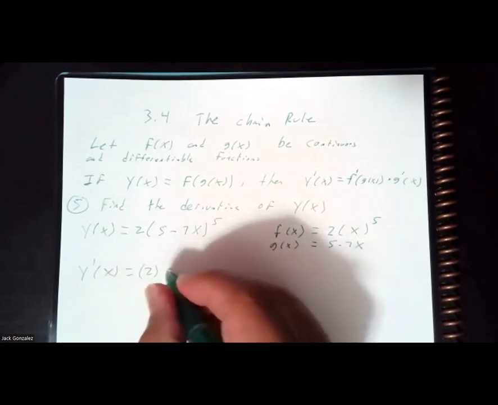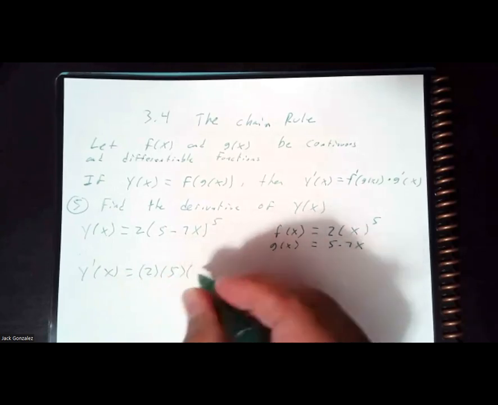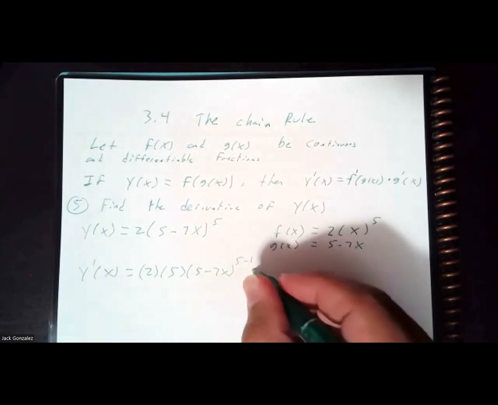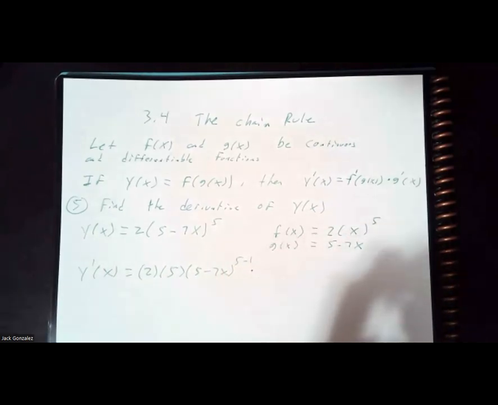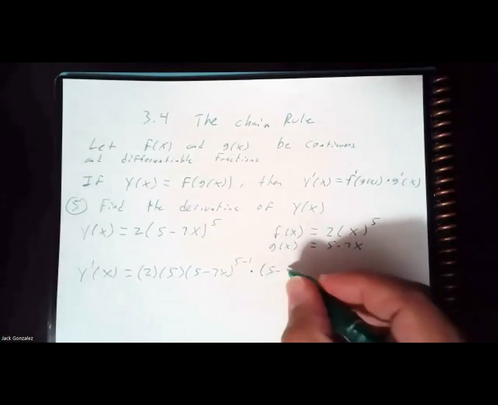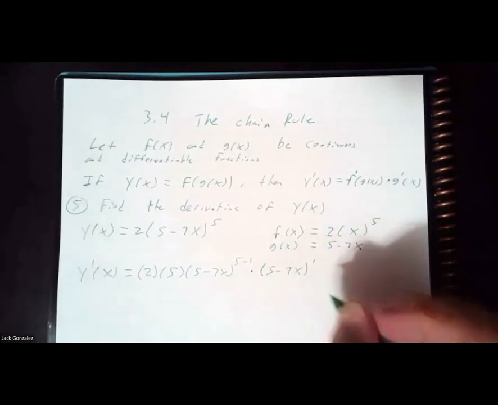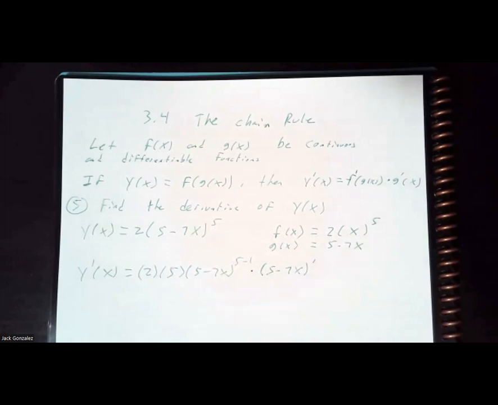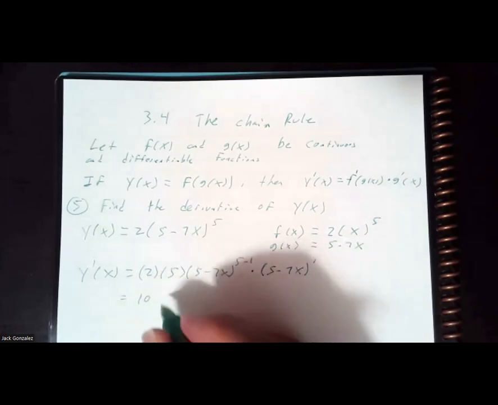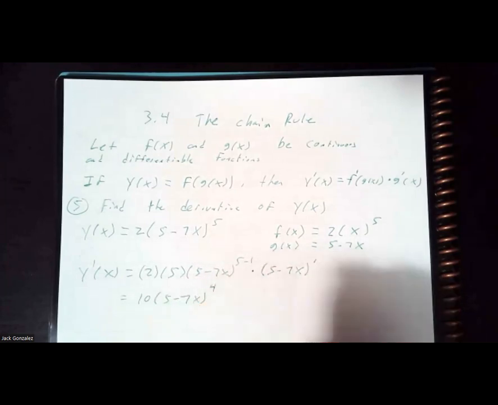Okay, so 2, bring down the 5, then subtract the 5 by 1. So that's just standard power rule. Then times the derivative of the inside. So now this becomes 10 times (5 minus 7x) to the 4th.